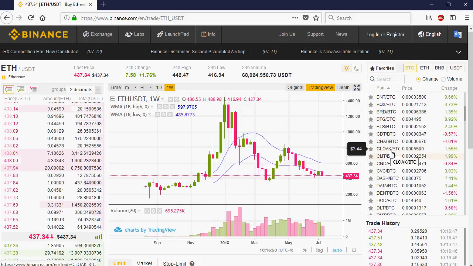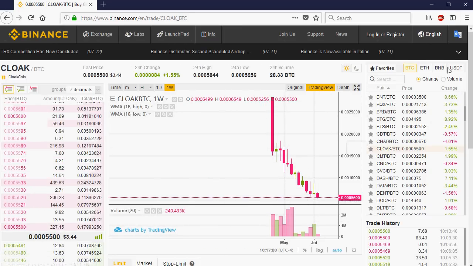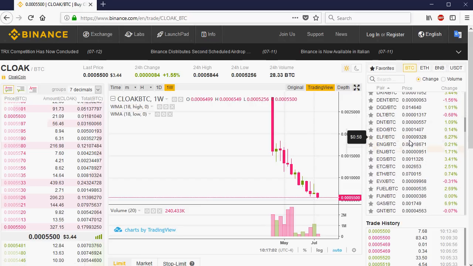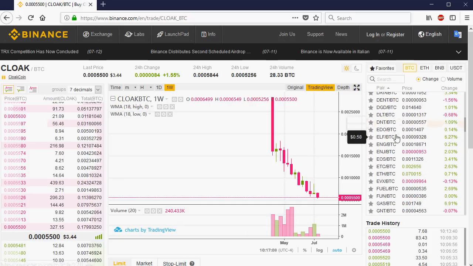It looks like Cloak is a good one. It's definitely got amazing volatility. I am trading Cloak/BTC on this exchange. It's unfortunate it's not traded on the BNB one. You also got Dash. I think it's something you'd want to consider getting into as well.